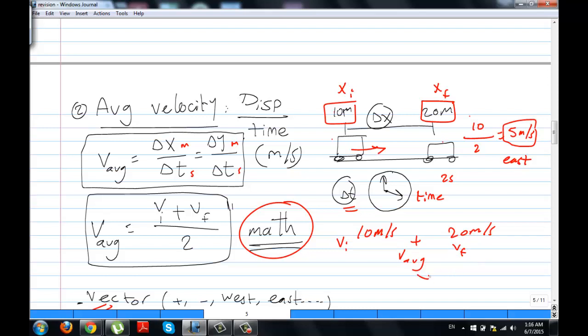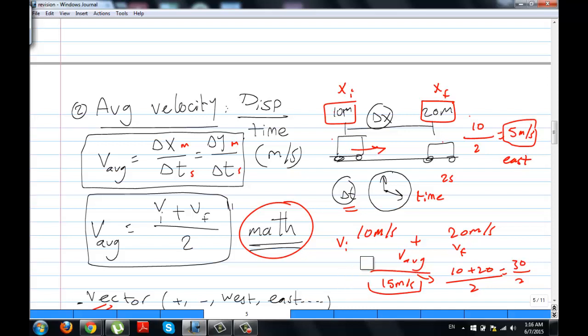It won't make a difference which you start with, but 10 plus 20 divided by 2 is 30 divided by 2, which is 15 meters per second, and this is the V average.